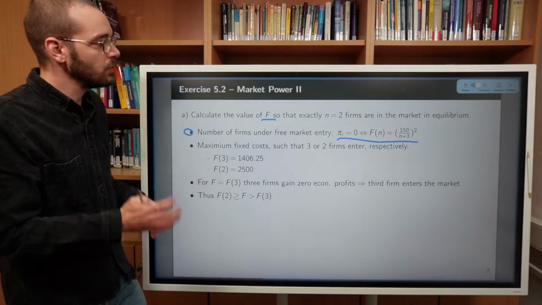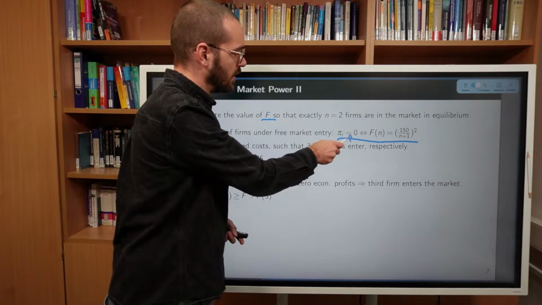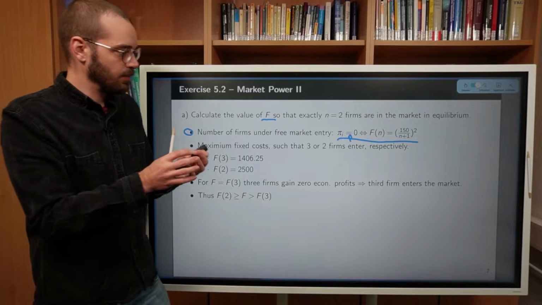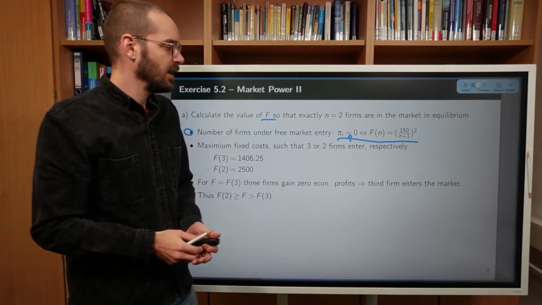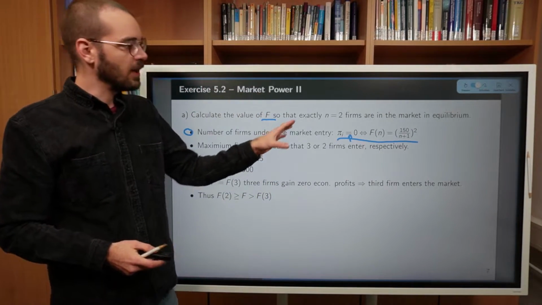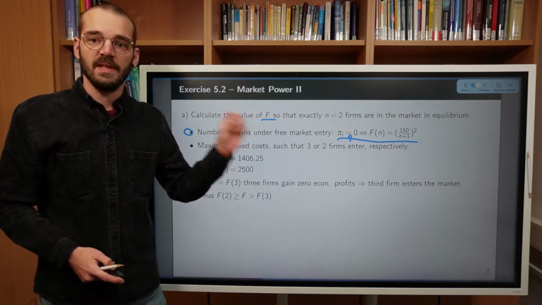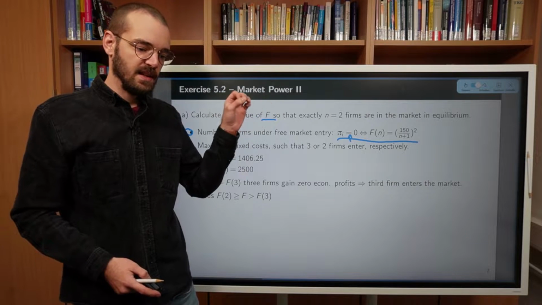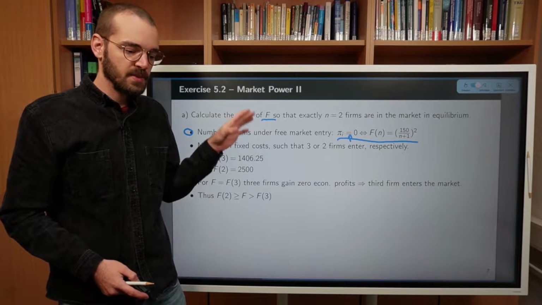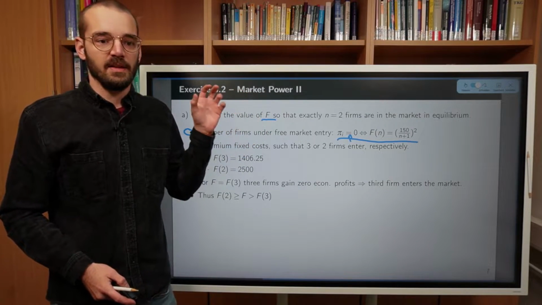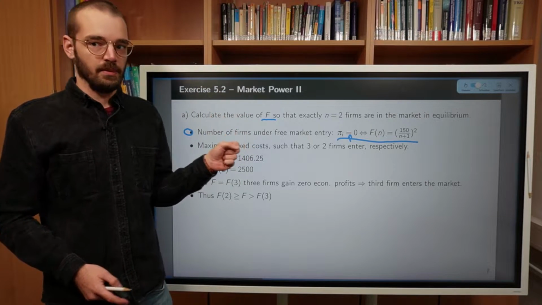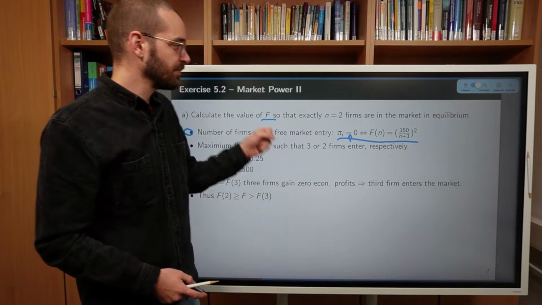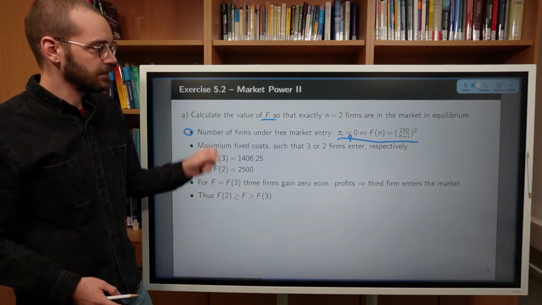As soon as the profits in the market for any given number of firms are 0, we have reached an equilibrium, in the sense that this is the number of firms that will enter the market, and there will not be any additional firms.